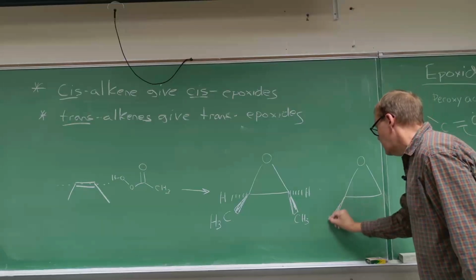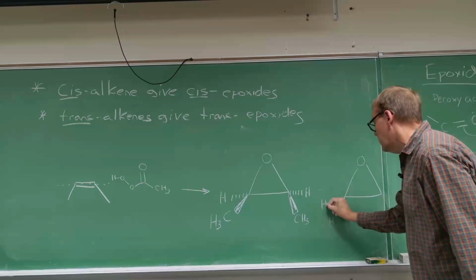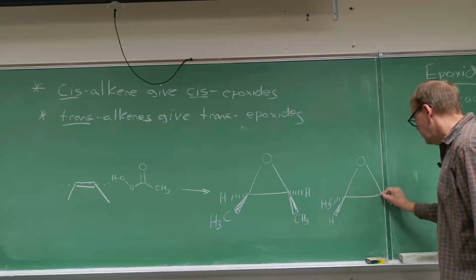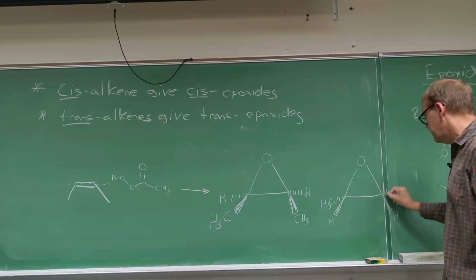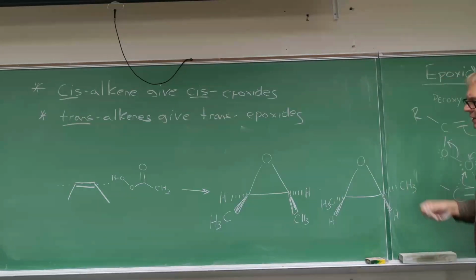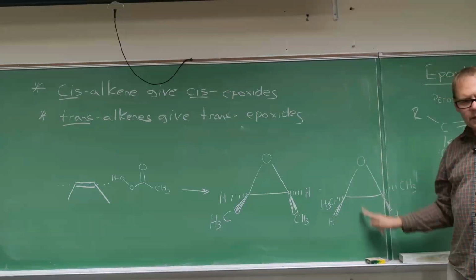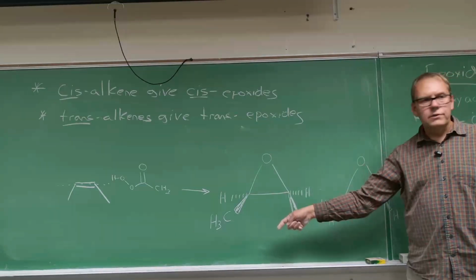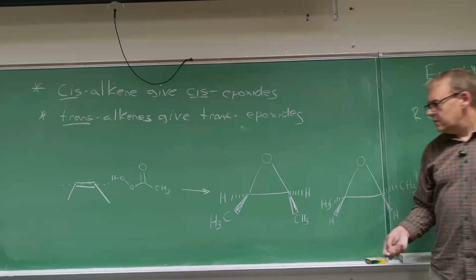So hydrogens on wedges and methyl groups on dashes, but it's a cis epoxide in both cases. The thing is that this molecule has a mirror plane of symmetry that runs through the middle of it, this one and that one. So it turns out these end up being the same molecule in this case.